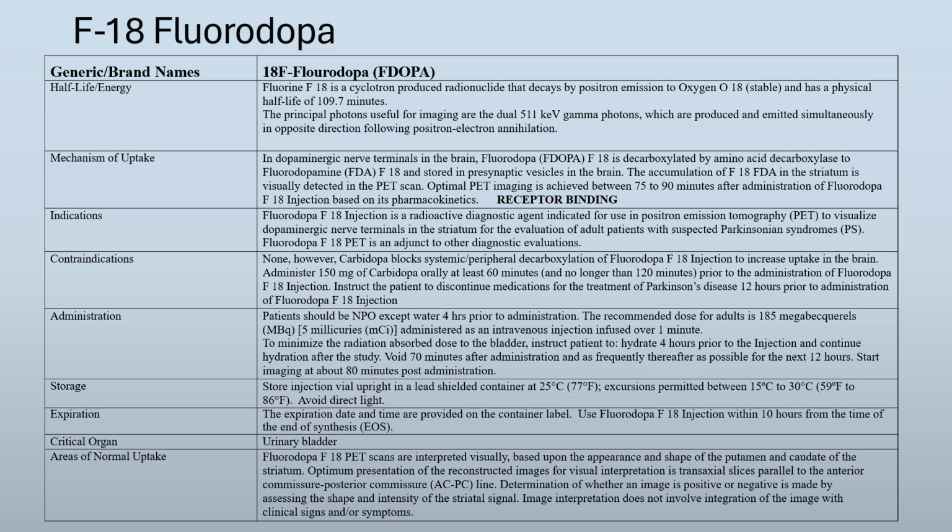In areas of normal uptake, you would see the putamen and the caudate of the striatum. Optimum presentation of the reconstructed images for visual interpretation is the transaxial slices. And you should see all of the putamen and the caudate. It looks kind of like a comma and a backwards comma, and it should be symmetric and look the same on both sides of the brain.